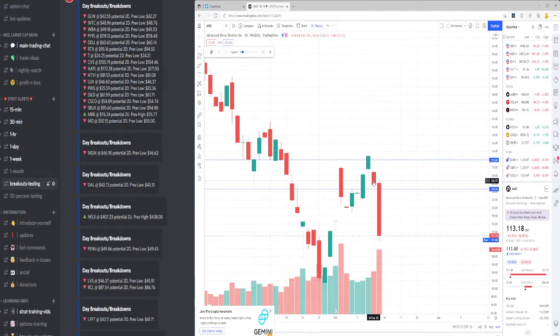The way the breakout bot works is that it looks at those highs and lows, and it creates a threshold dollar amount at which it feels it should notify the users on the server.